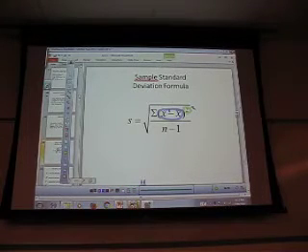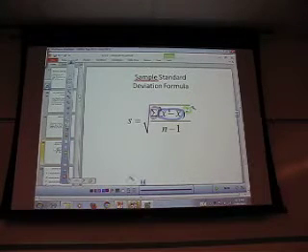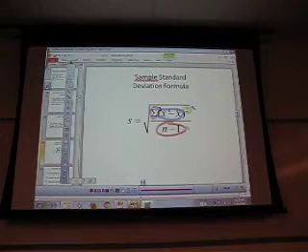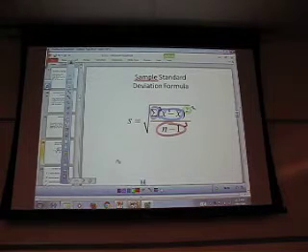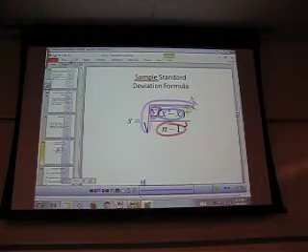Step 3 is we add all those up, sum them. And then step 4, divide by n minus 1. And then finally, step 5, we square root all of it. That's the 5th and final step.